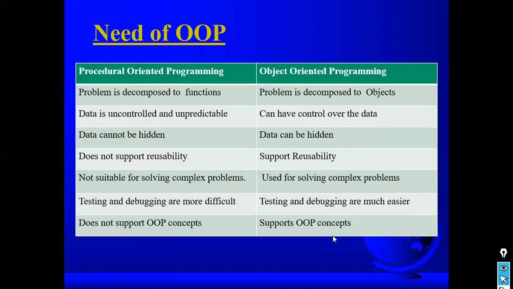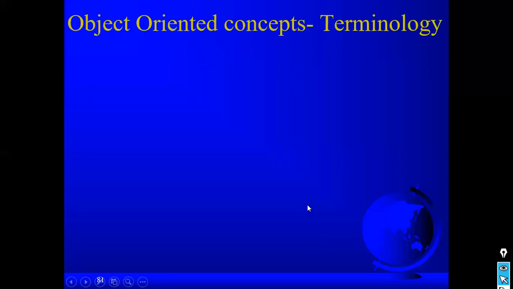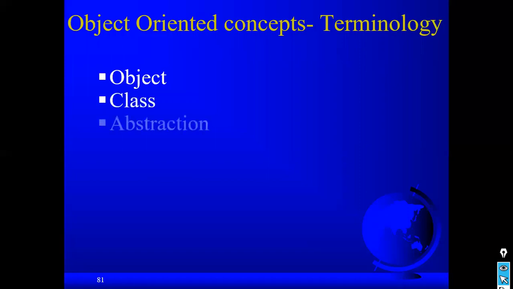What are OOP concepts? Any programming language that supports the following features can be called an object-oriented programming language. These are the OOP concepts, or object-oriented terminology. The first one is object. Second, class.